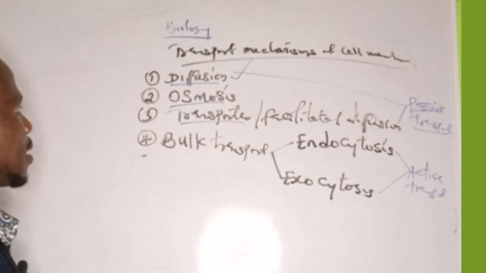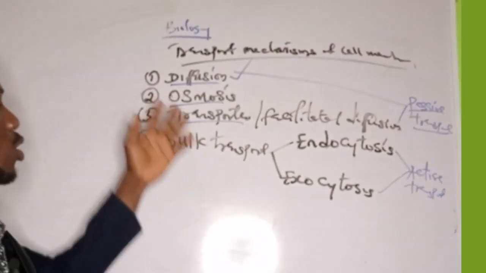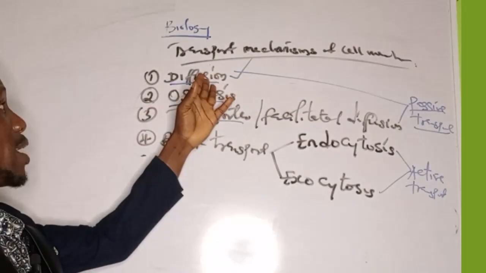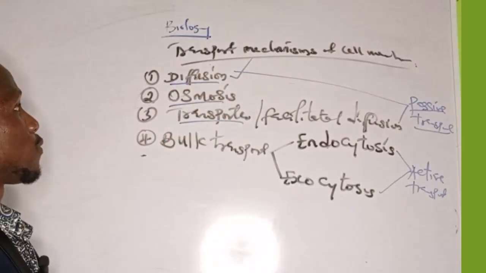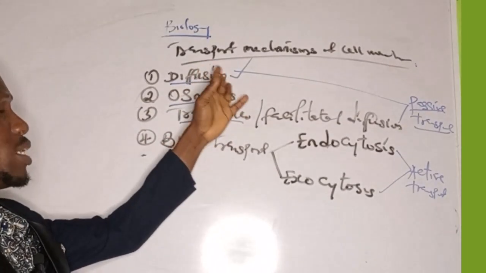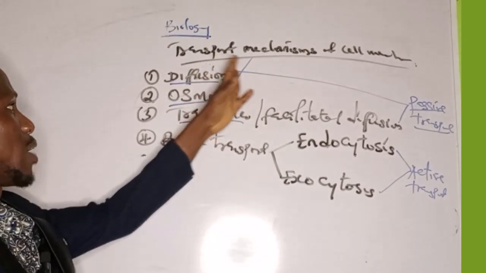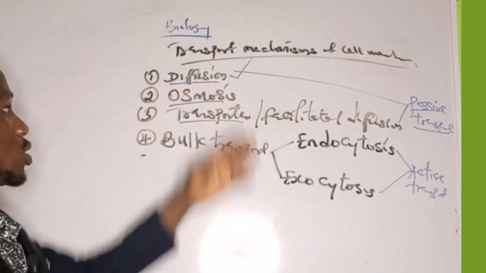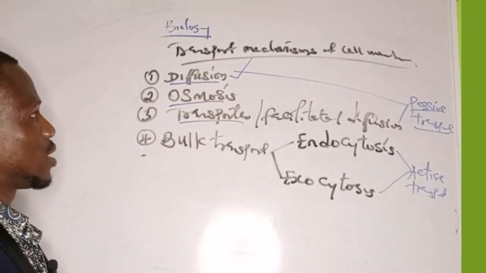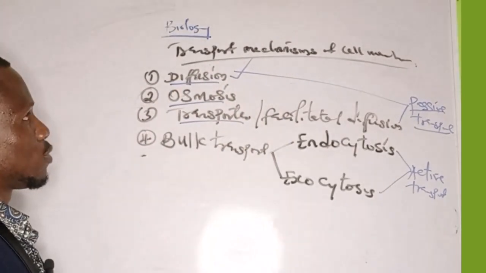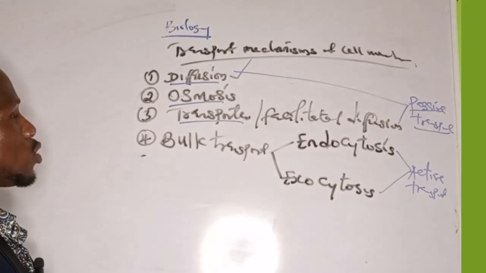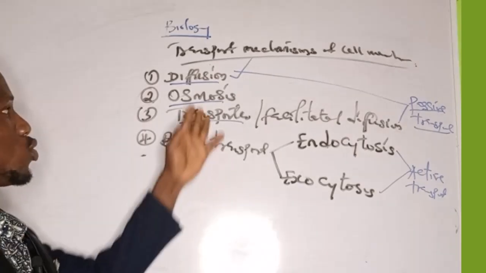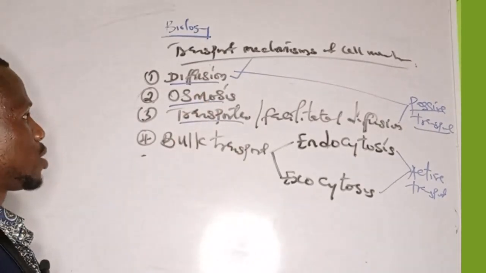Diffusion is the movement of molecules, either water or gas, from a region of higher concentration to a region of lower concentration. Osmosis is the movement of water molecules from a weaker or dilute solution to a stronger solution through a semi-permeable membrane.